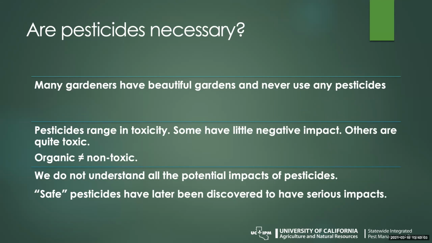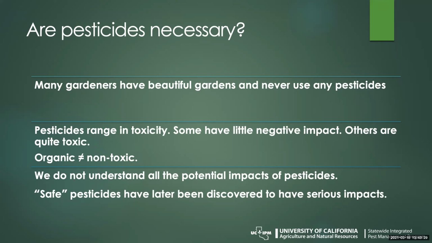But we do educate on pesticides quite a bit within our program because pesticides range in toxicity to plants and other organisms. Some are fairly benign and don't have much negative impact, but others can be quite toxic to ourselves and to other organisms, including some of those biological control agents.